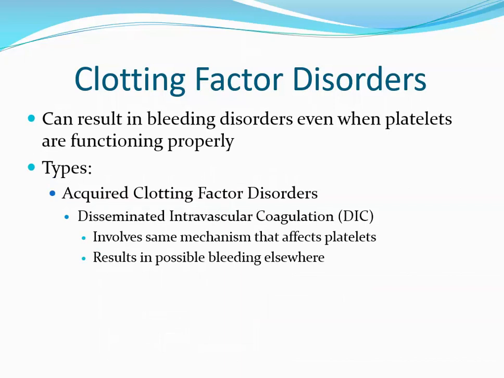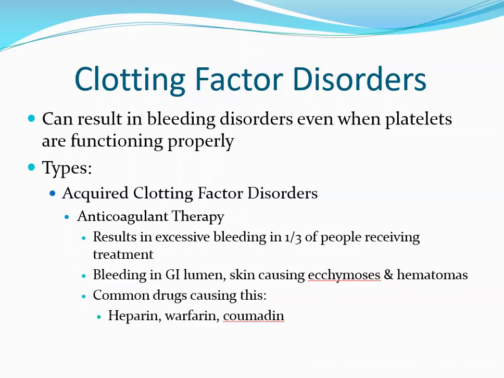Another example is disseminated intravascular coagulation. This involves the same mechanism that affects the platelets. This coagulation, random formation of blood clots, also reduces the clotting factors. So these clotting factors are tied up in these random blood clots, and less are available when bleeding would occur elsewhere. And finally, anticoagulant therapy.